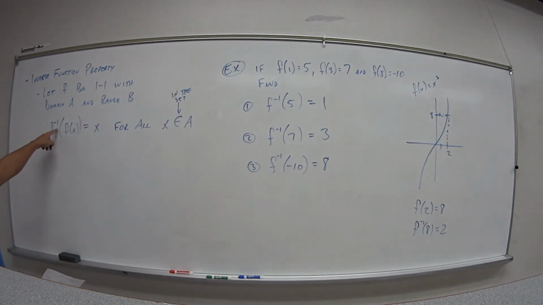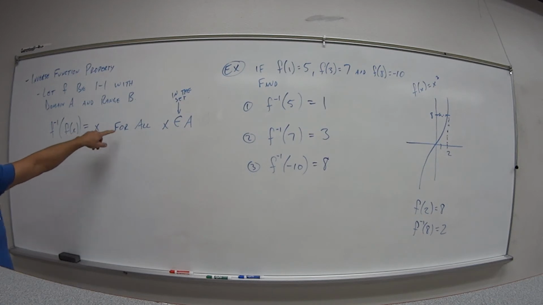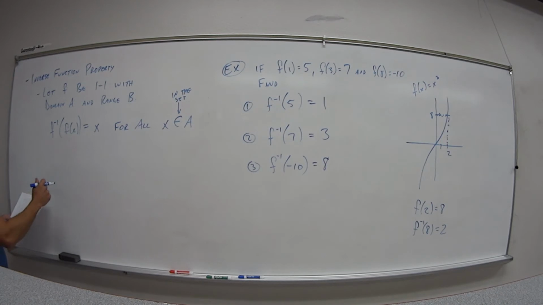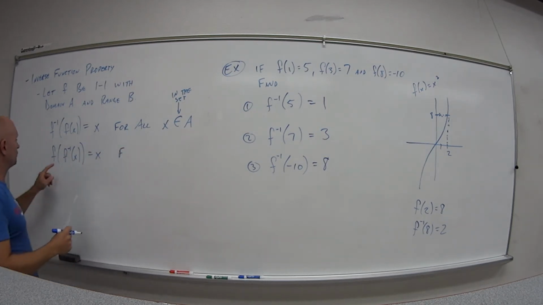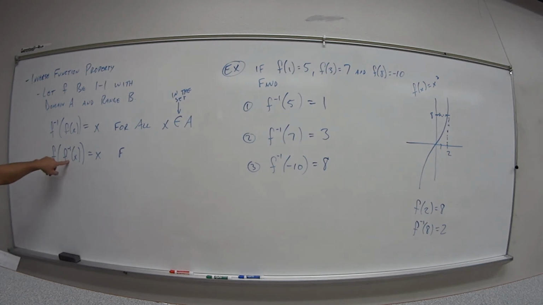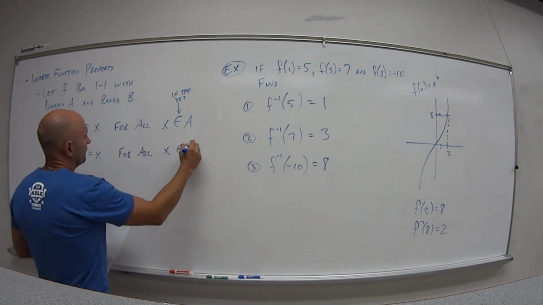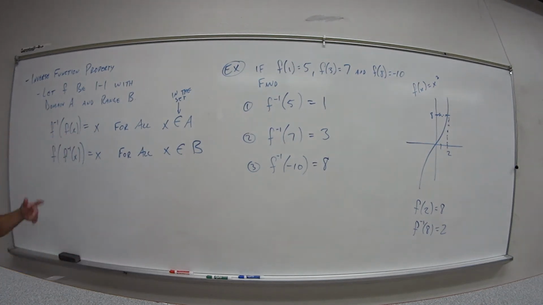So f inverse of f of x is equal to x for all x in the domain A. And similarly, f of f inverse of x also equals x, but now, because we're talking about the inverse function, the domain and range flip. So that's for all x in the set B, in the range B, or in the domain of the inverse function, which would then be the set B.